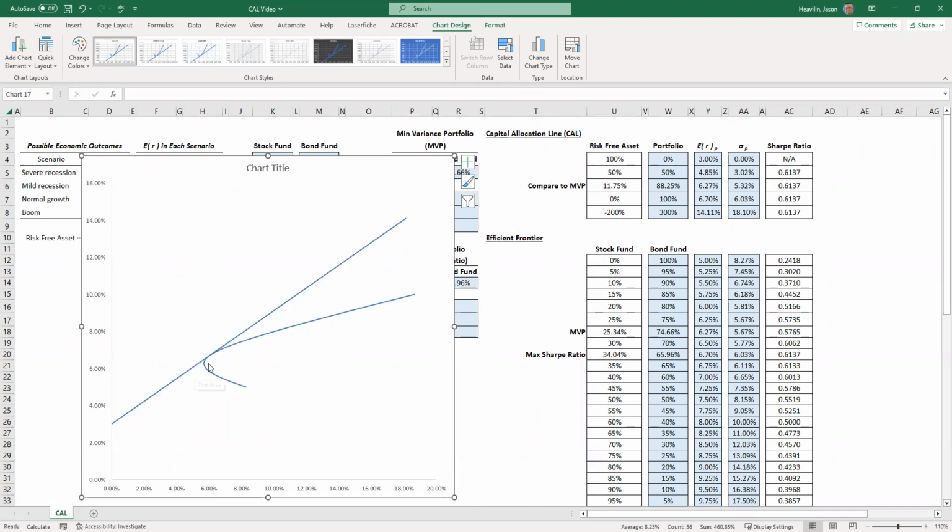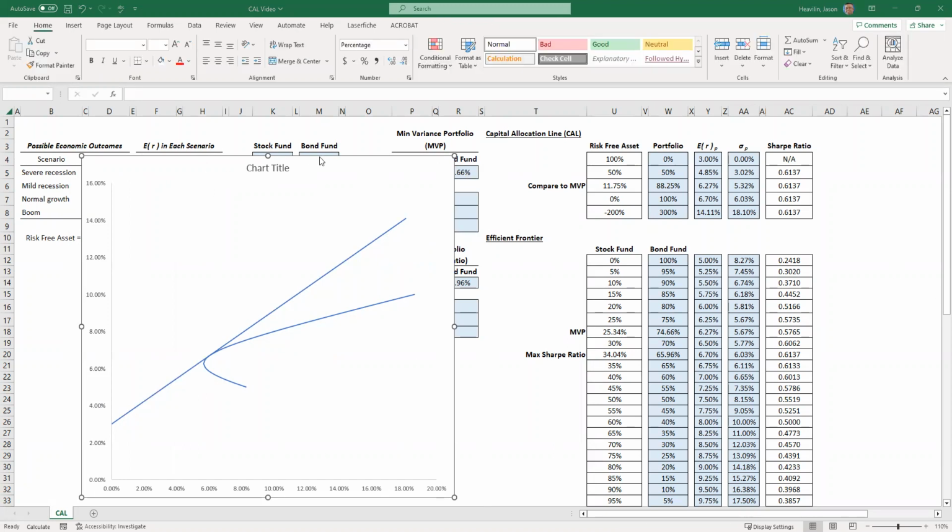You can actually do lower standard deviations or higher returns for the same standard deviation. And that's it for this portion of the video on capital allocation line. This is the last video of the series.